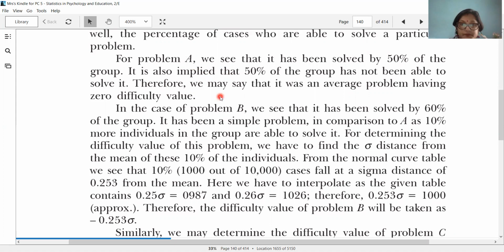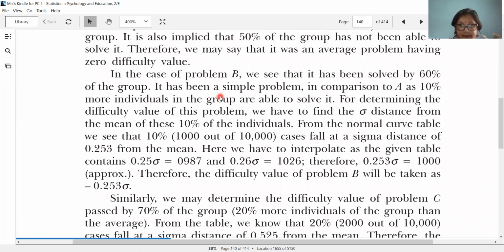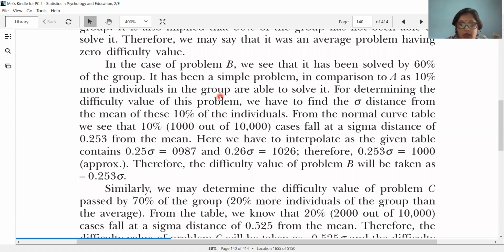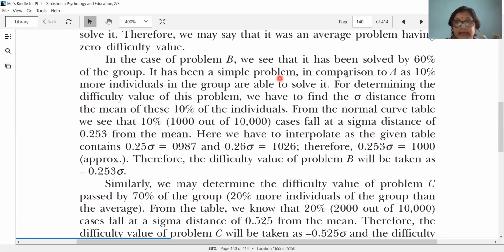Now in the case of problem B, we see that problem B is solved by 60% of the group. It means that in comparison to problem A, 10% more individuals in the group are able to solve it. Now we need to find the sigma distance for 10% or 1,000 individuals out of 10,000.